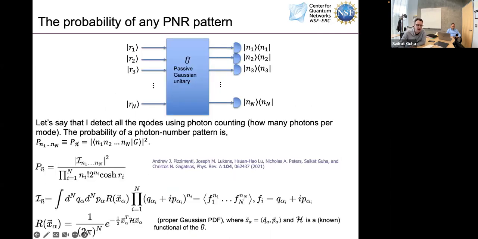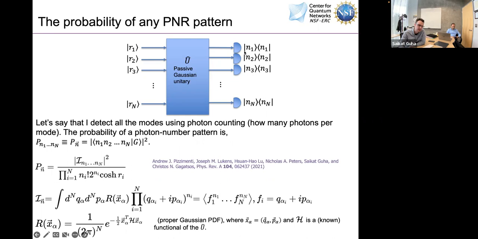Now the question is the following. I have this setup. I have here this G state, which is the most general pure Gaussian state with zero displacements. I ask, what is the probability of finding a specific photon pattern if I do a photon counting measurement? What is a photon counting measurement? We discussed that briefly before.